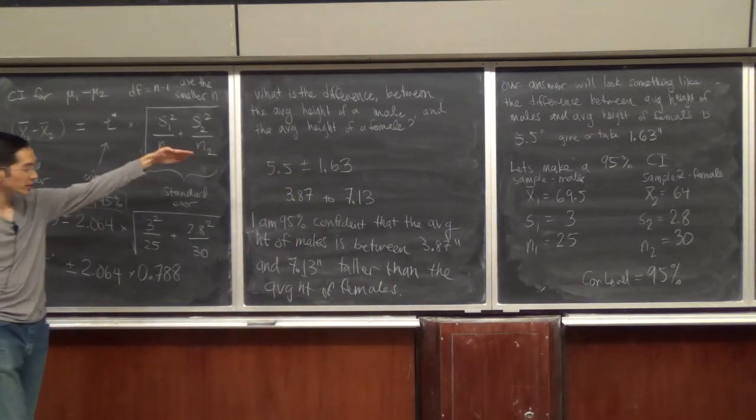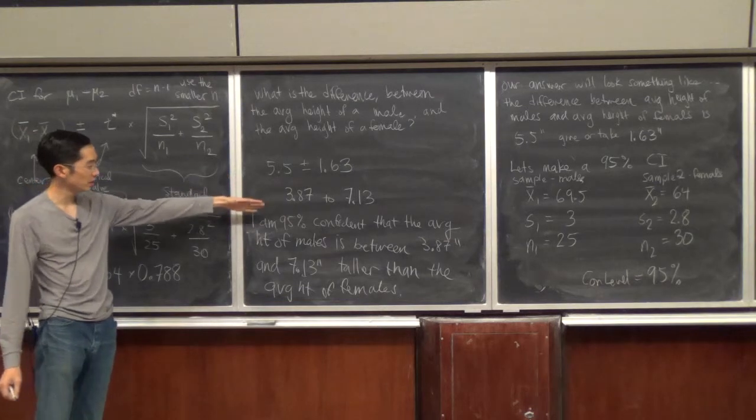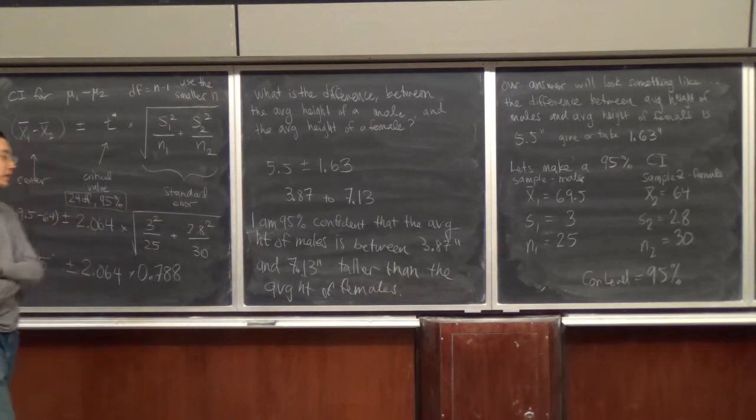So when we get our confidence interval to look like this, we say I am 95% confident that the average height of males is between 3.87 inches and 7.13 inches taller than the average height of females.